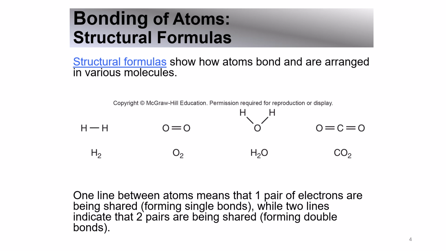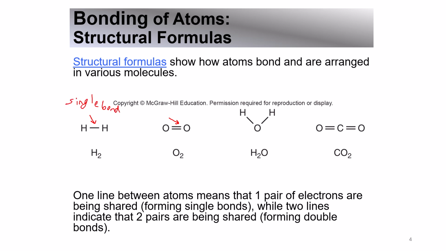Here are the ways that these can be written. Now notice that there is a single line between these 2 hydrogens, but how come you see 2 lines between these 2 oxygens here? A single line represents a single bond.